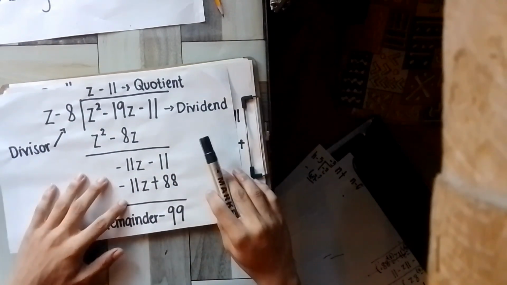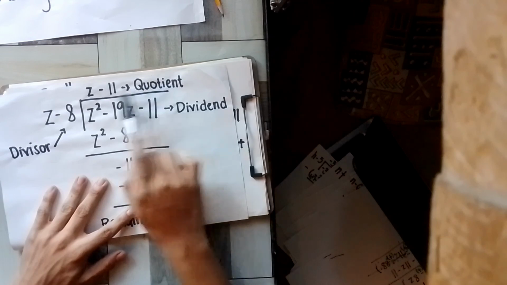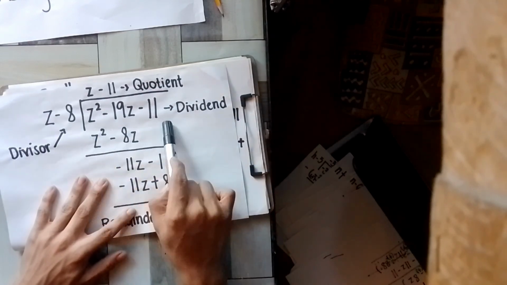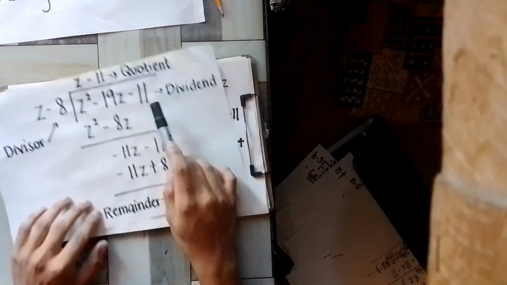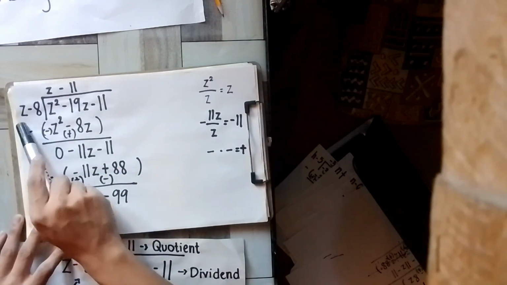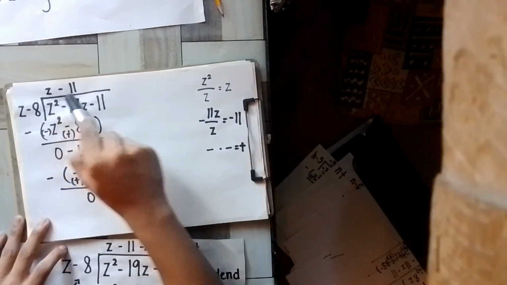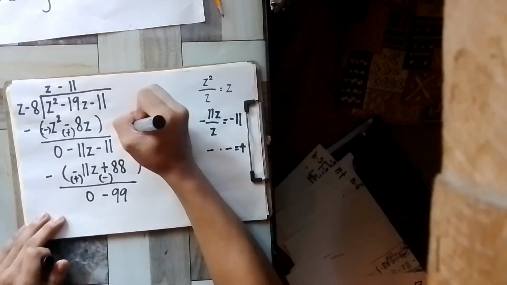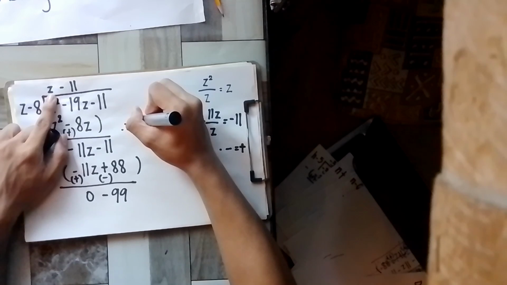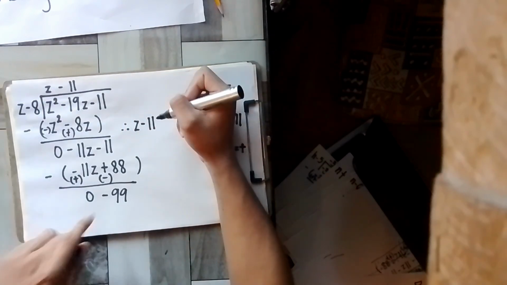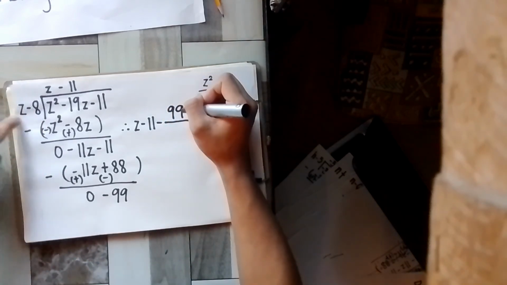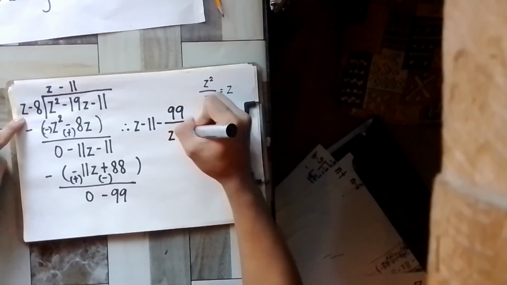To have a proper understanding, our coefficient is z minus 11. Our dividend is z squared minus 19z minus 11. Our divisor is z minus 8. And our remainder is negative 99. Therefore, the answer of this problem is to copy our coefficient, z minus 11, and copy the remainder, negative 99 over our divisor, z minus 8.